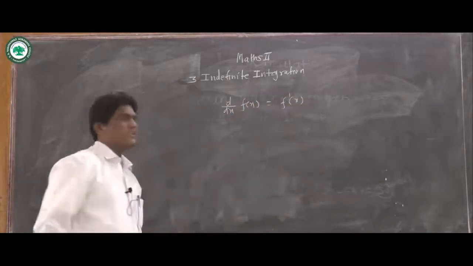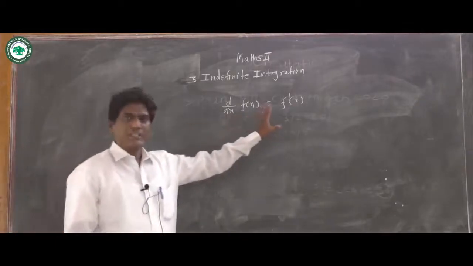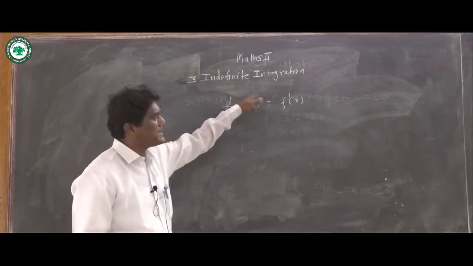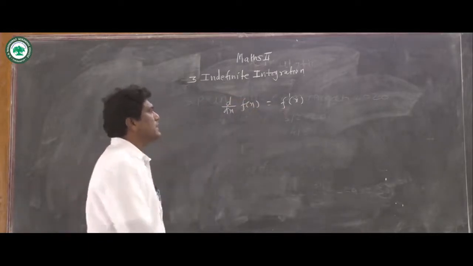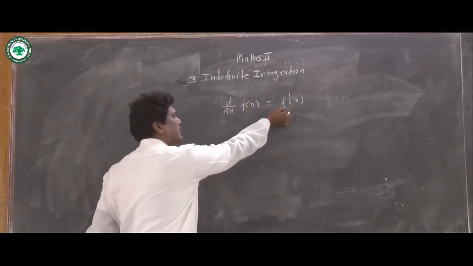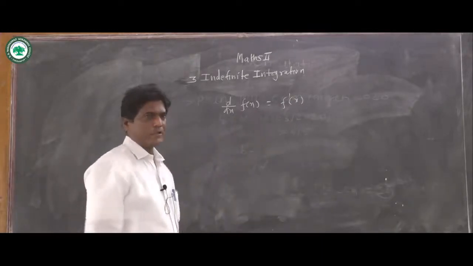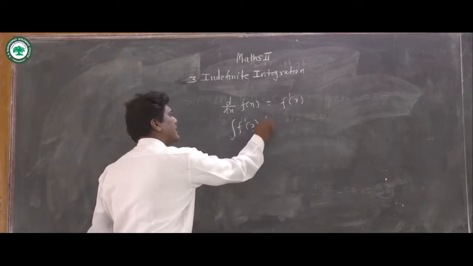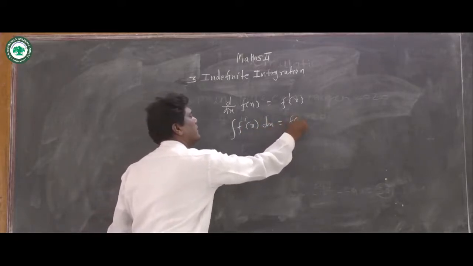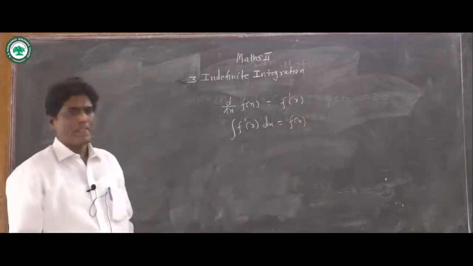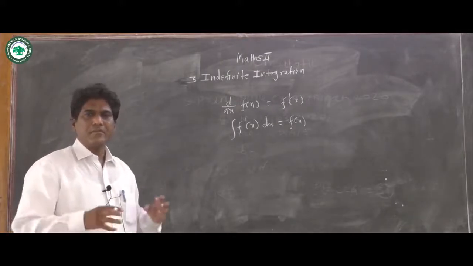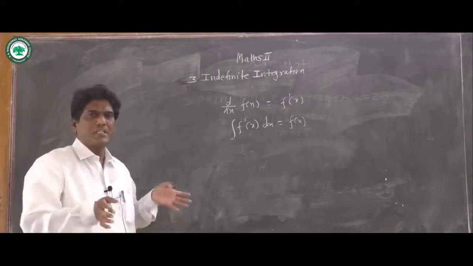We know the derivative of f of x is f dash of x, then the integration of f dash of x dx is equal to f of x. This means derivative and integration are the reverse of each other. They are mirror images.